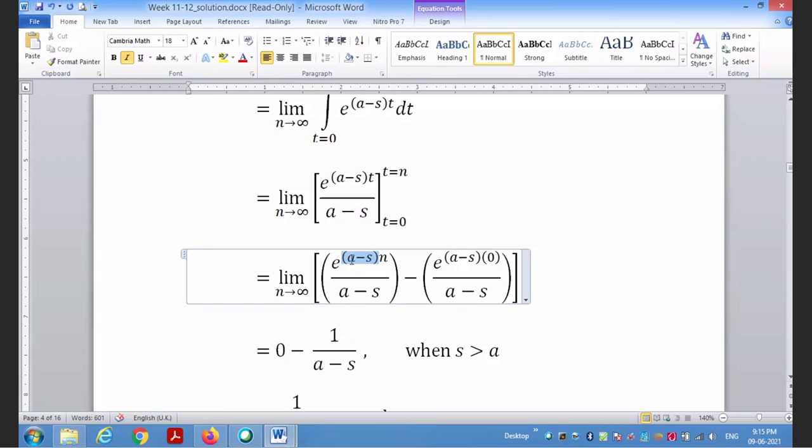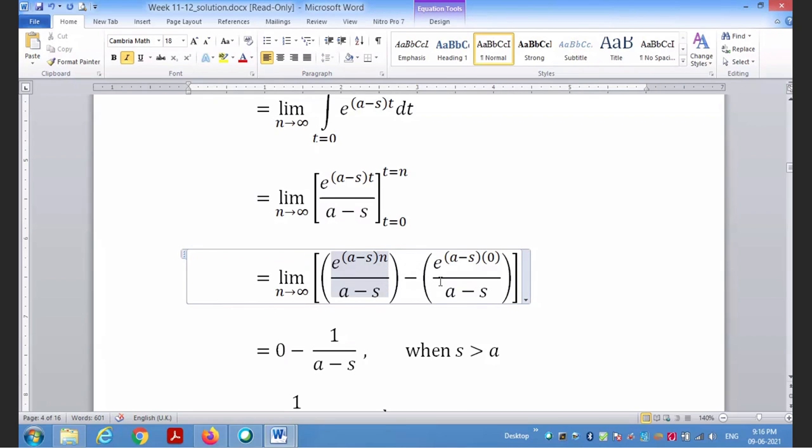You can bring this down to the denominator, so it will be a very huge number in the denominator. When n goes to infinity, this term will diminish and tend to 0, because the exponent is negative. You bring down a huge number, so this term goes to 0, and then this will be minus.